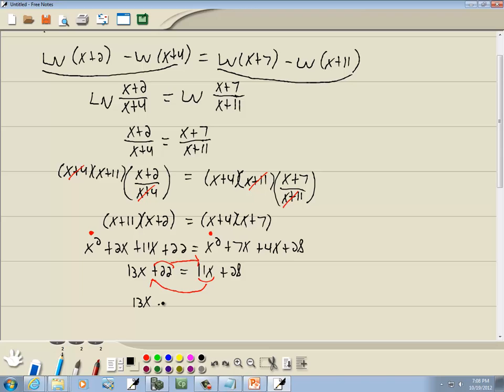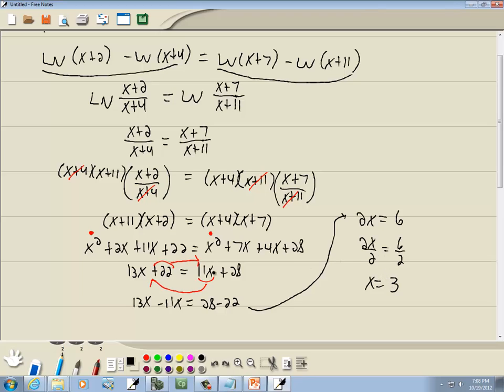So we've got 13x minus 11x equals 28 minus 22. You take anything across your equals sign, the sign changes. Combine like terms. 13x minus 11x is 2x. And 28 minus 22 gives us 6. Last step. Divide both sides by the number in front of your x, which is 2. And we get x is equal to 3.